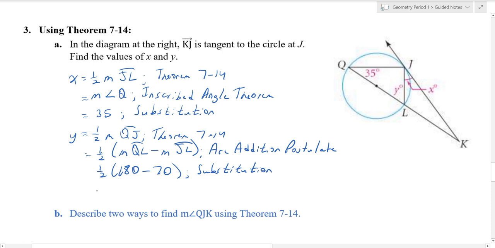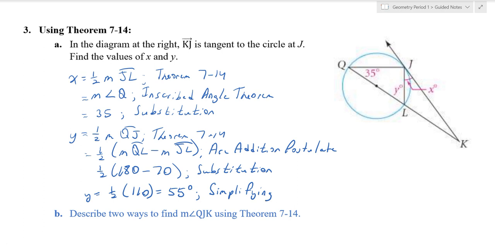That will give me that y equals 1/2 times 110 equals 55, and since y is an angle, it is 55 degrees, and this is by simplifying.